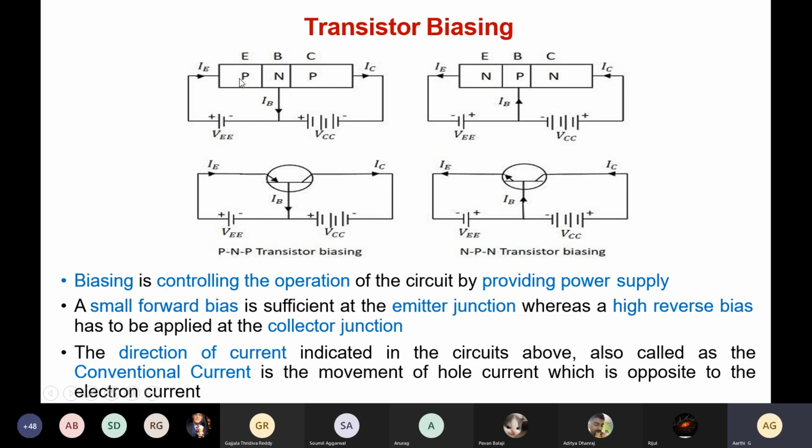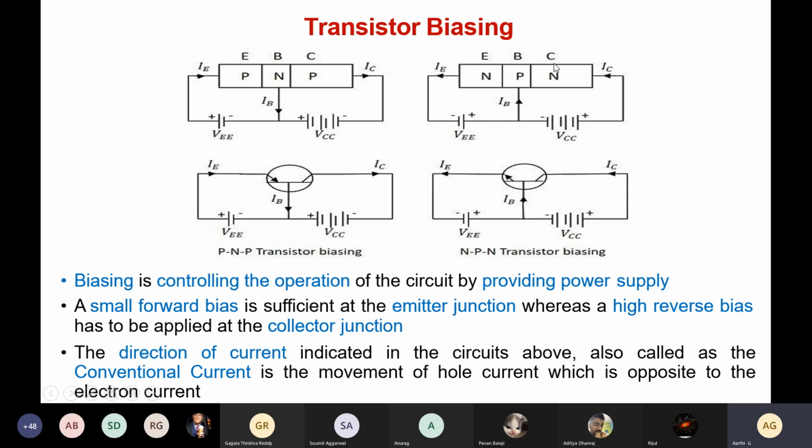The positive terminal is connected to the positive, and the N is connected to the negative terminal of the battery, generally called VEE. Positive to positive, negative to negative is called forward biasing. On the collector base junction, positive to negative and negative to positive, opposite polarities, is called reverse biasing.